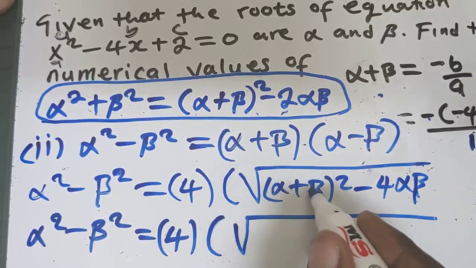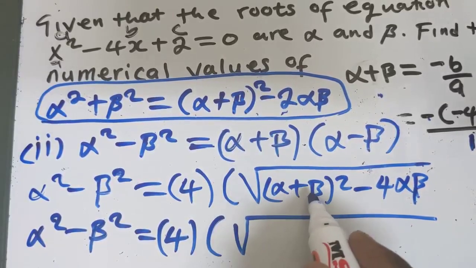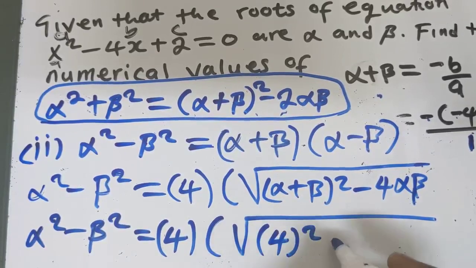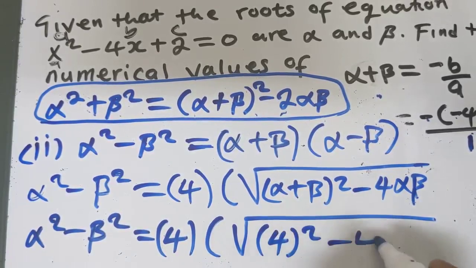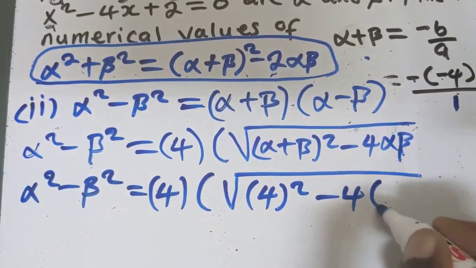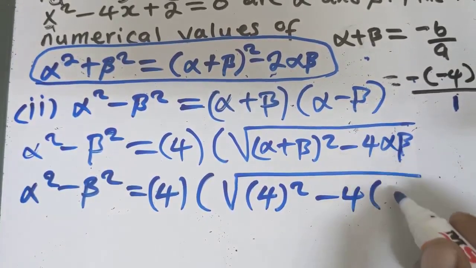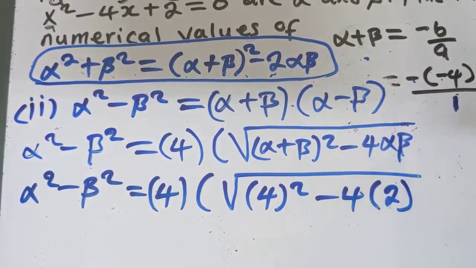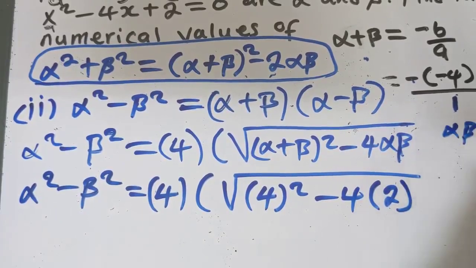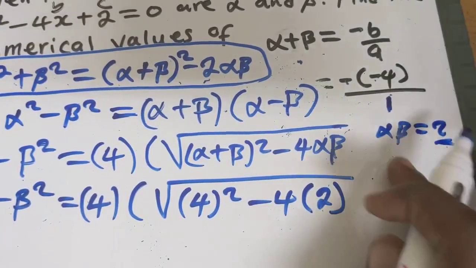So here we know that this is the sum inside, and the sum we know that it is 4. So it is 4 squared like that minus 4 multiplied by the product, which we had found that it is 2, where alpha beta is equal to 2. I had written it right here like this.